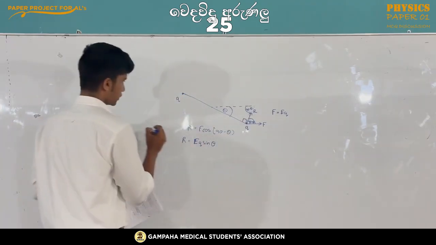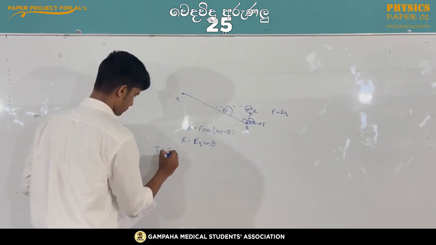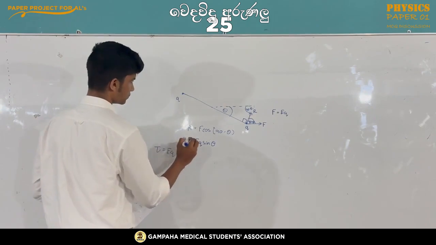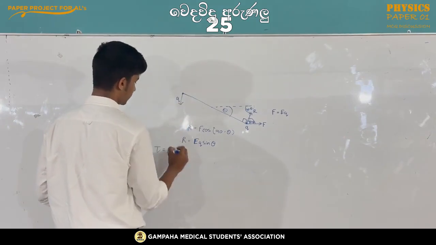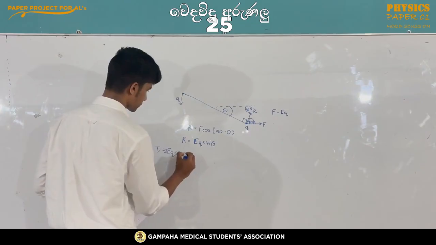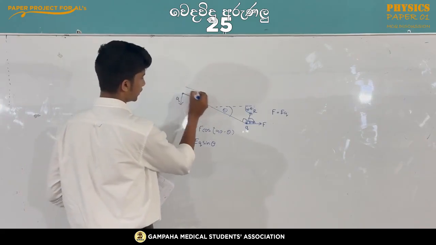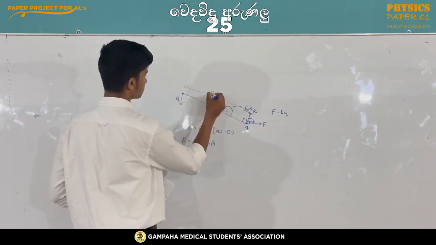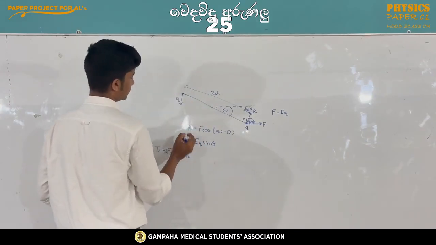Then the torque acting on the rod will be, there will be a similar force acting here as well. Therefore, the torque will be 2 EQ sin theta d. Since the total length of the rod is 2d, the length from the center of mass to the edge is d.